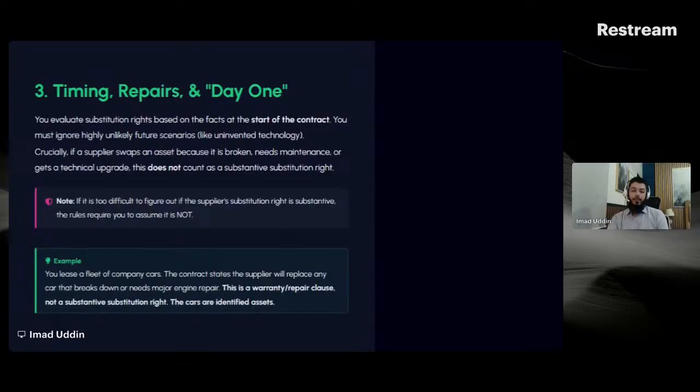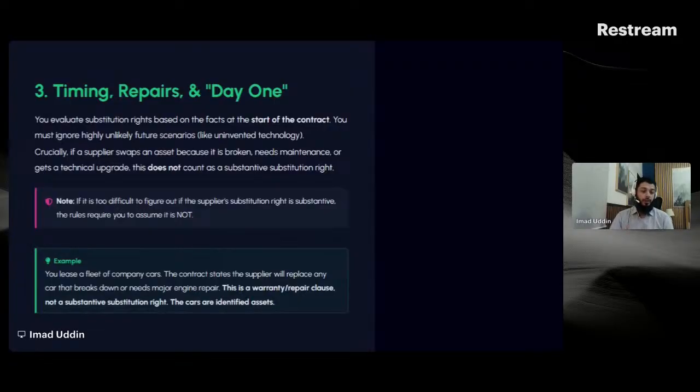But here's the key thing: if it's too difficult to figure out whether the supplier substitution right is substantive or not, the rules require that you assume it's not. Right? It's the feel of the standard. And another quick example for you: you lease a fleet of company cars. The contract states that the supplier will replace any car that breaks down or needs major engine repair.